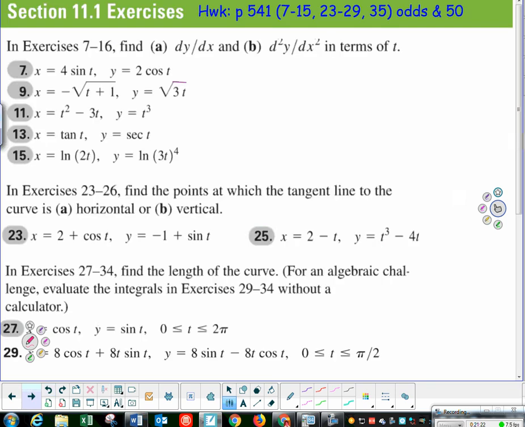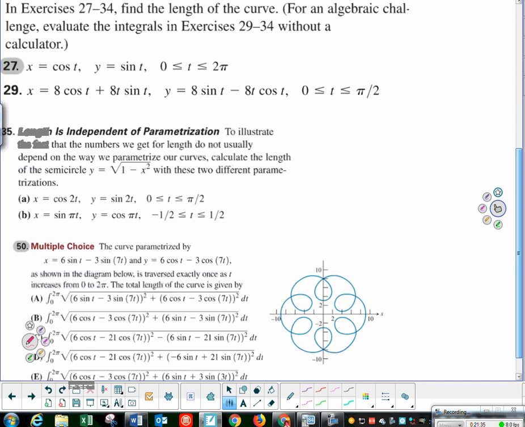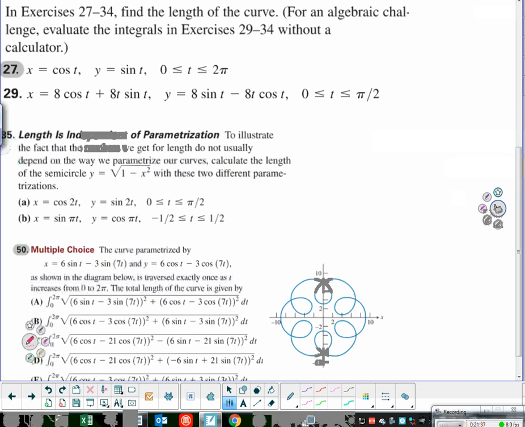That finishes section 11.1. Your assignment is to complete that stuff, which we kind of had assigned up to that point yesterday. So really it is completing the arc length questions and a couple of the multiple choice questions there in short answer.